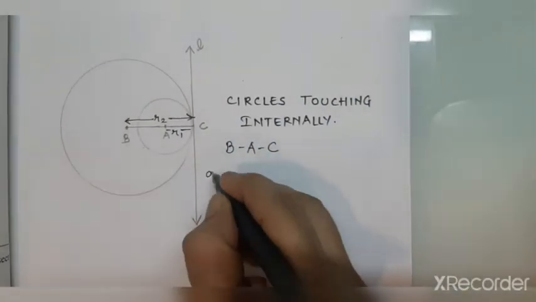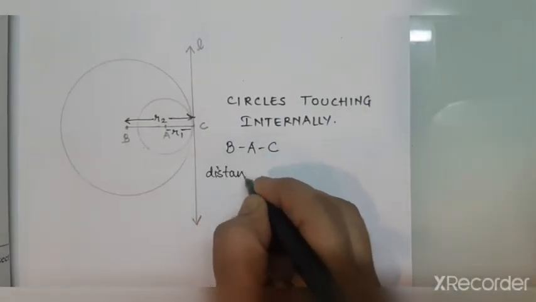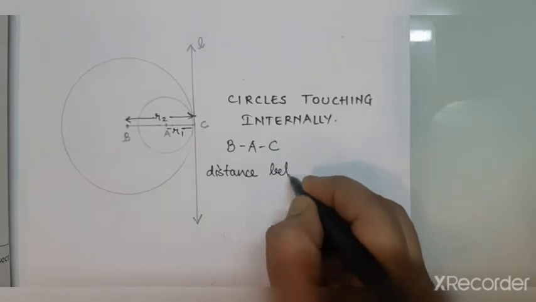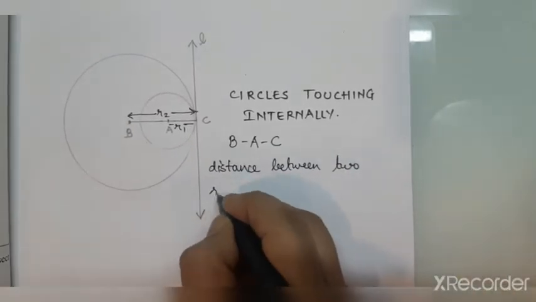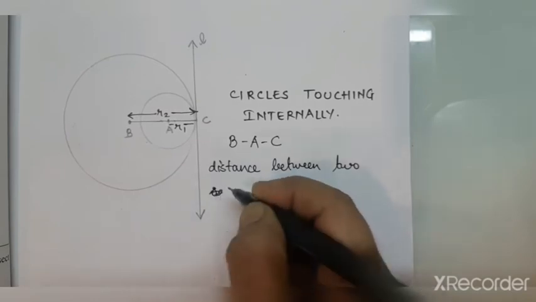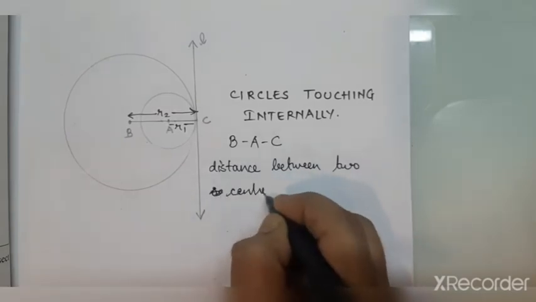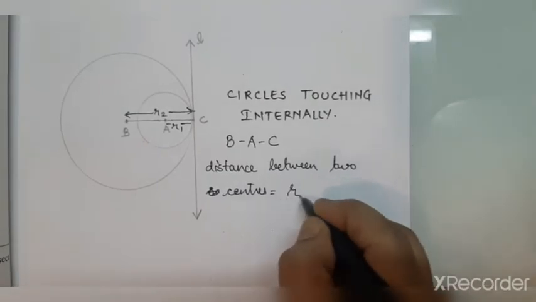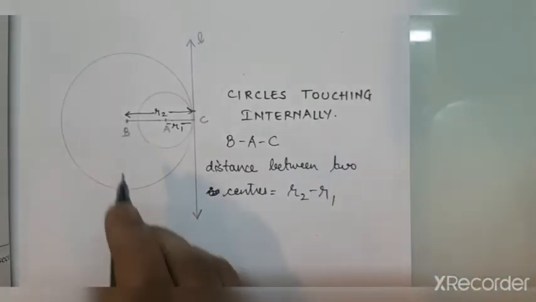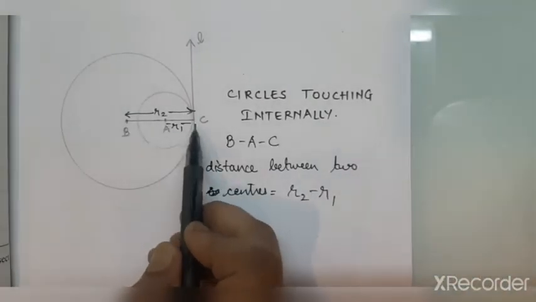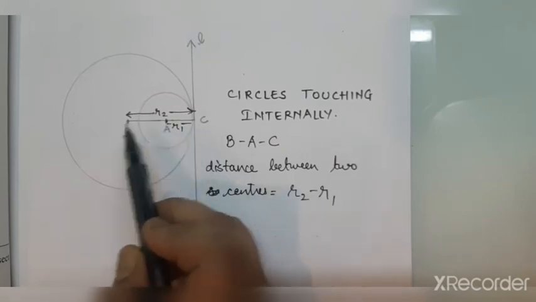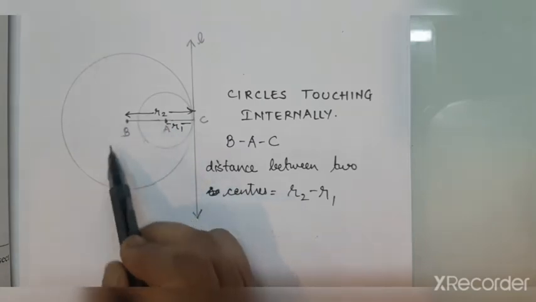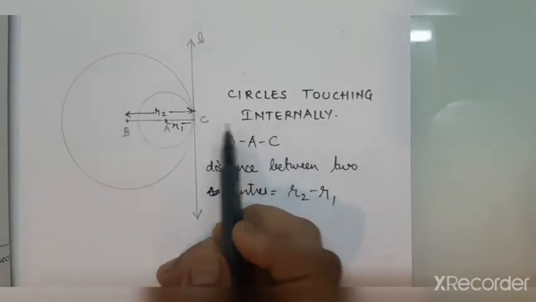So the distance between two centers is equal to R2 minus R1. R2 minus R1 gives you the distance between center A and center B when the circles are touching internally.